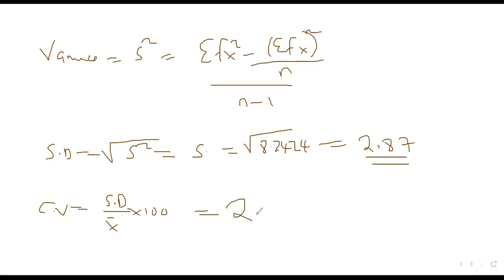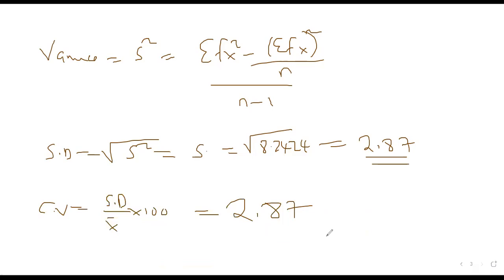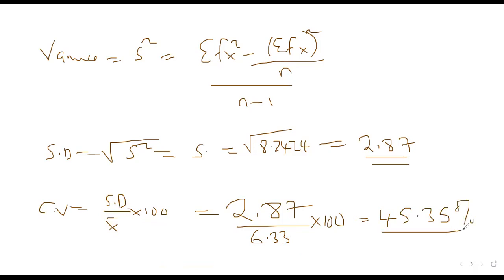So our standard deviation is 2.87, and our mean, we just found our mean in this case was 6.33. So our coefficient of variation can be in percentage or in decimal point if you want. So here we're going to get 45.35%. That is called our coefficient of what? Variation. That is how you compute it.